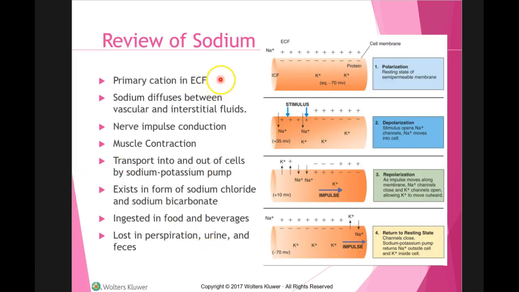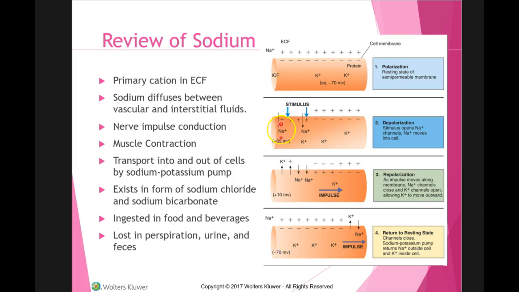So just to review sodium, it is important for the maintenance of the extracellular fluid volume through its effects on osmotic pressure, because it makes up about 90% of the solute in extracellular fluid. Sodium is also essential in the conduction of nerve impulses and in muscle contractions.